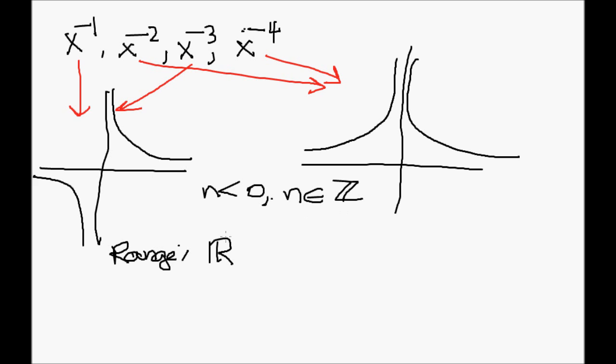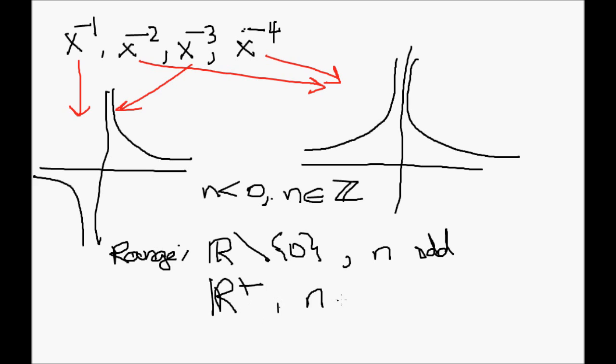If n is odd, like on the left-hand side, then the range is all real numbers except for 0. So that's the range if n is odd. However, the range would be all positive real numbers if n is even. And so that's the answer to this exercise involving x to the n, where n is a negative integer.